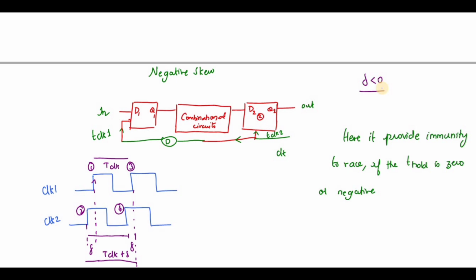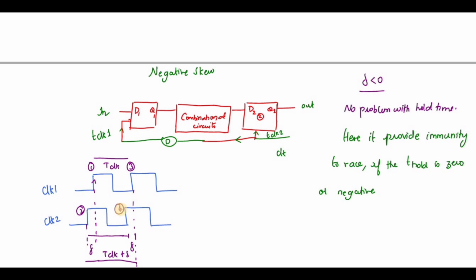If the del value is less than 0, there is no problem with the hold time. That is, the clock edge arrives even before clock 1.